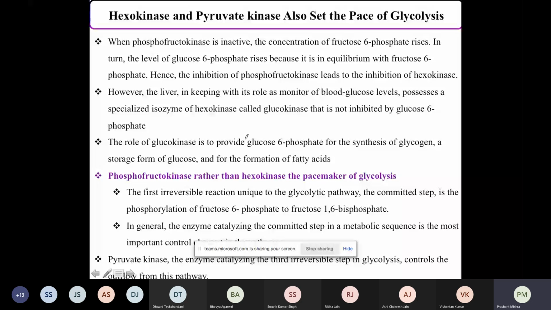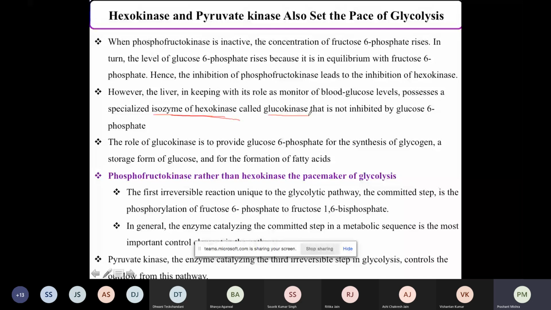However, the liver, in keeping its role as the monitor of blood glucose level, possesses a special enzyme of hexokinase. A specialized isozyme of hexokinase is known as glucokinase. So if I am inhibiting hexokinase, what should happen? Glucokinase is another enzyme which is present in the cell, and it is not inhibited by glucose 6-phosphate.